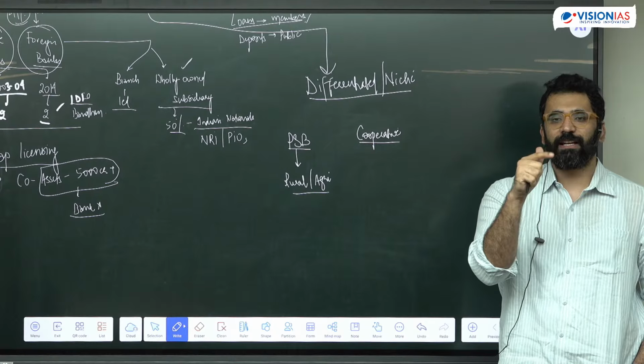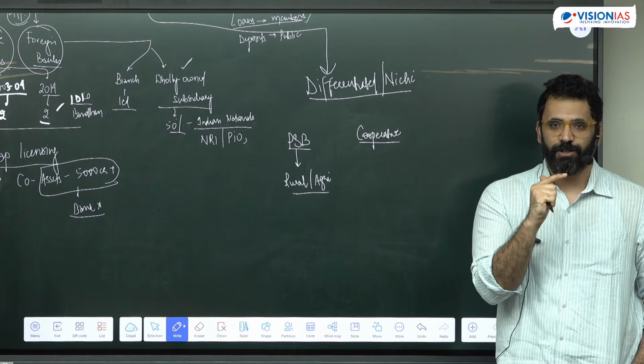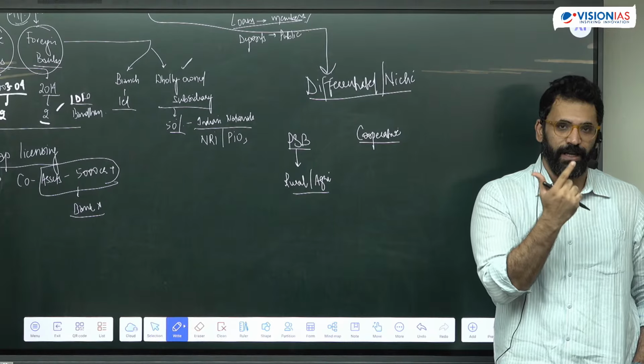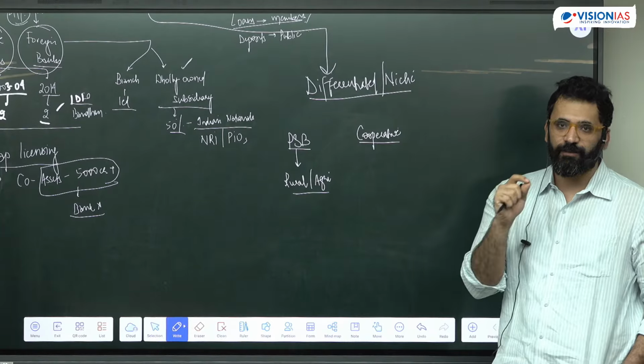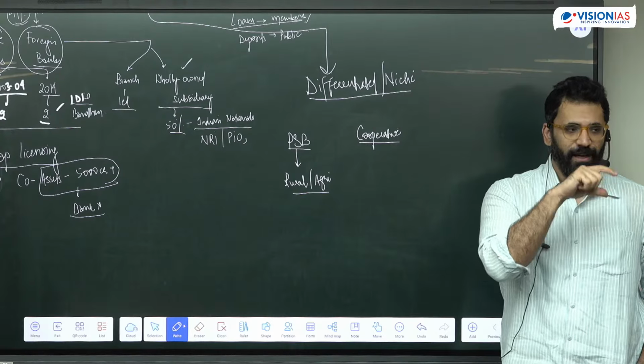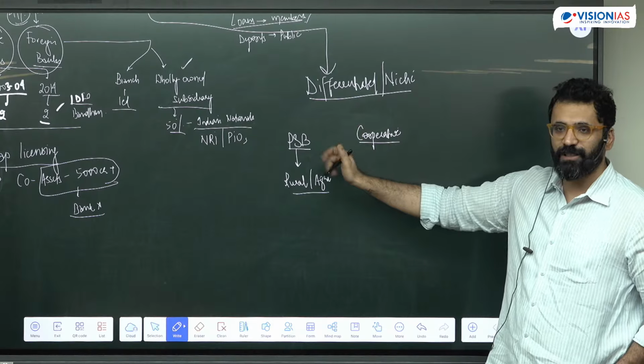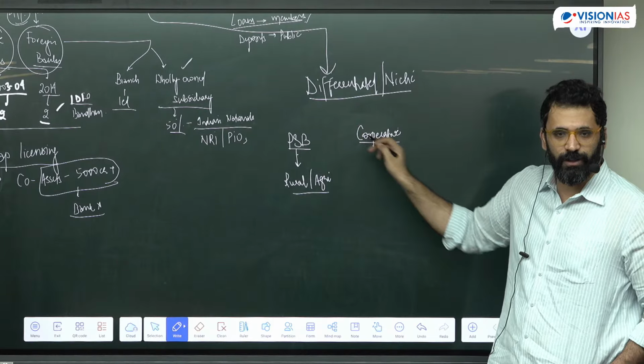So you have higher cases of default that can happen in cooperative banks. Since it's a closed, member-run society, members are getting loans. So the trust level in cooperatives might be low for anyone outside the member group. That means if the public has to make deposits, they will choose PSBs over the cooperatives.